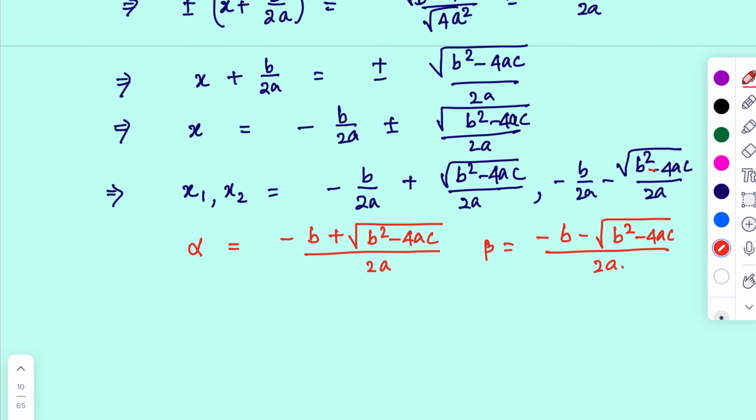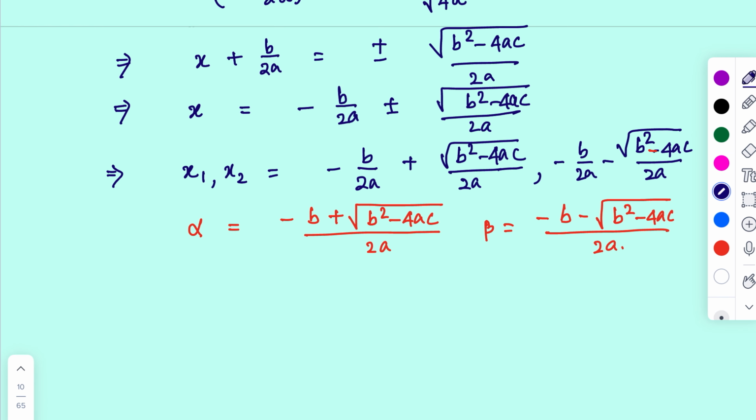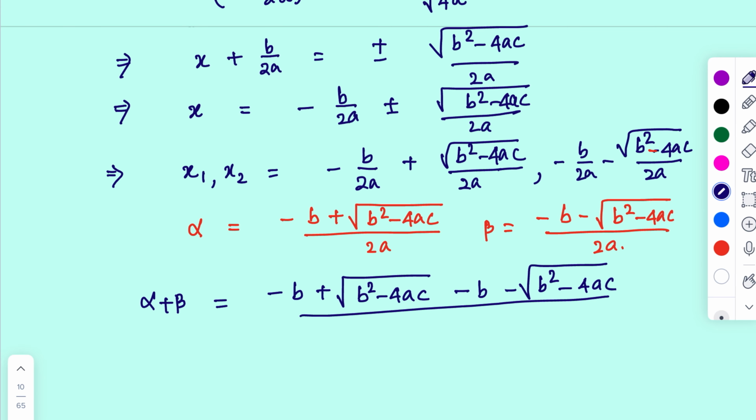There are two values. Now from these two values we will derive some formula, that is, suppose alpha plus beta. Alpha plus beta will be equal to, if you will write it, minus b plus square root of b square minus 4ac minus b minus square root of b square minus 4ac by 2a.